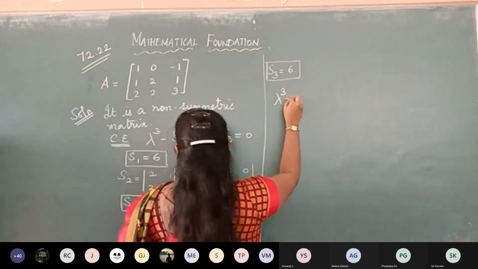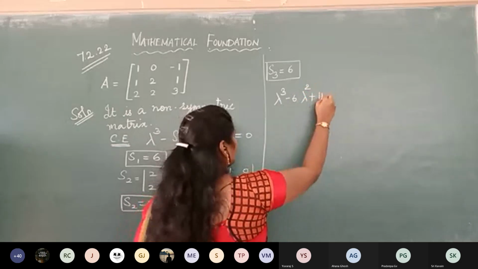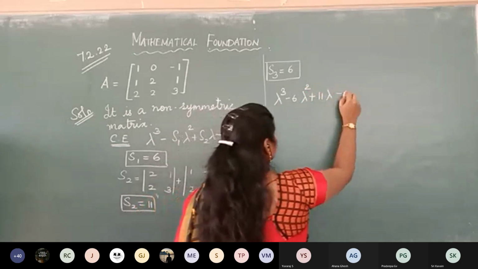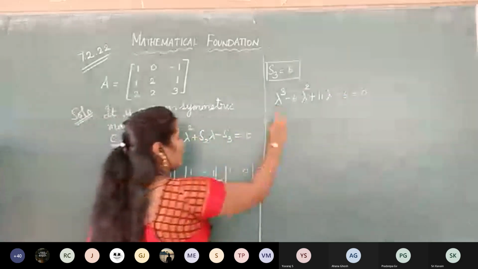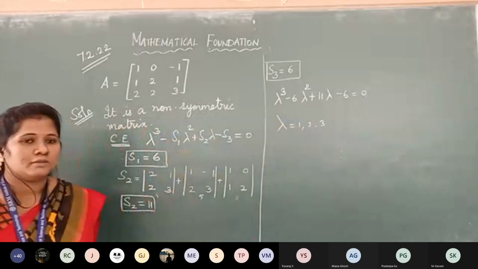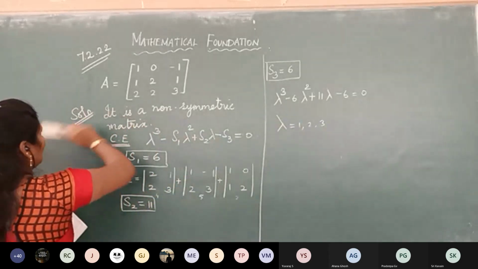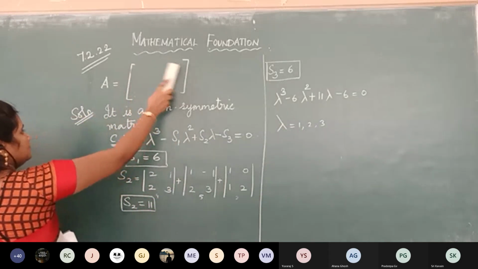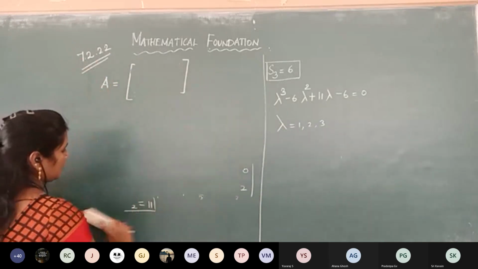So lambda cube minus 6 lambda square plus 11 lambda minus 6 equal to 0. You've already got your lambda values to be 1, 2, 3. You can try this as a revision. We will do another problem.